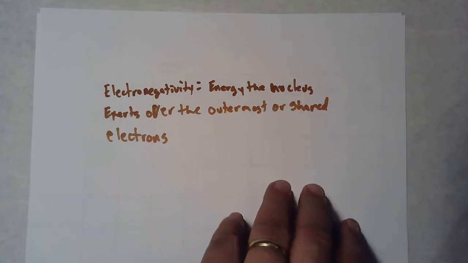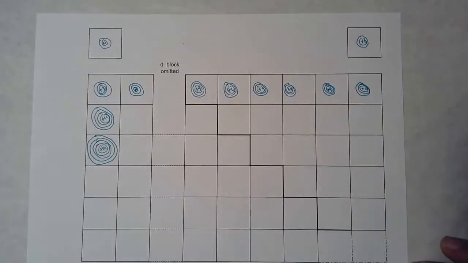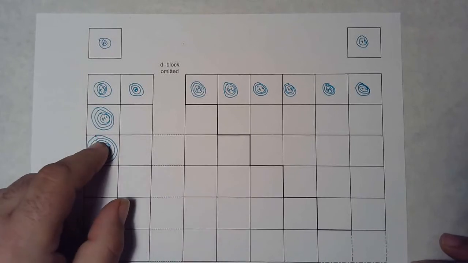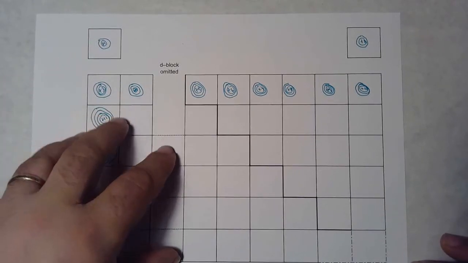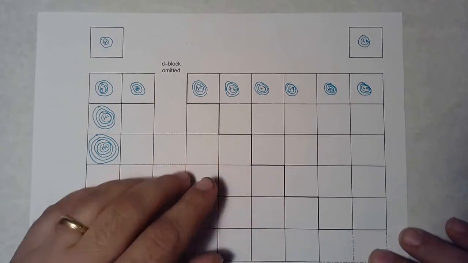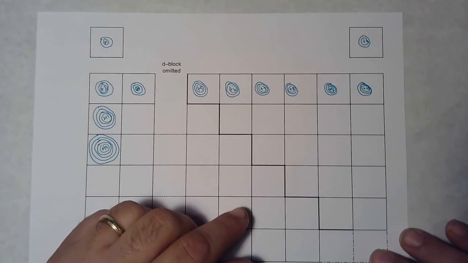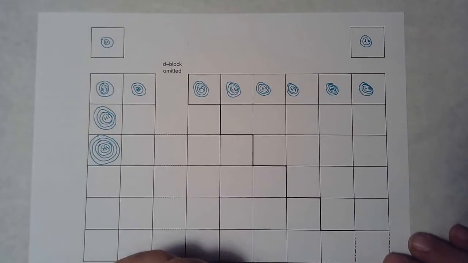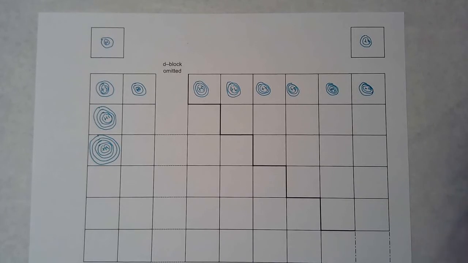Well, what it means is I have electrons in my rings. The rings are showing me the location outside of the nucleus. Well, the nucleus has to exert force over them to hold them close, into a bond with that atom, to make sure the atom stays the same.